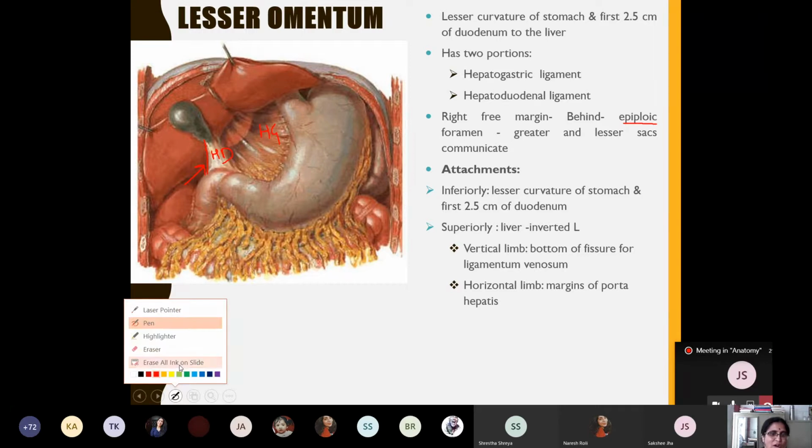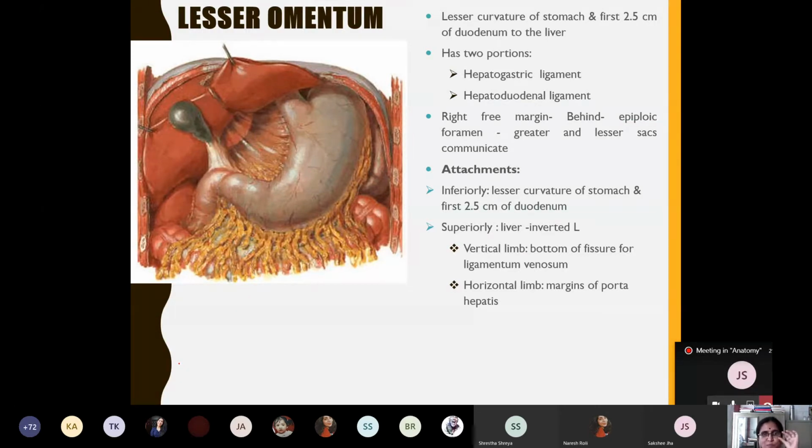And now the attachment. The attachment of the lesser omentum is very important, from the point of view of practicals, SAQ, and university exams. It is attached inferiorly to the lesser curvature of the stomach and the first 2.5 centimeters of the first part of the duodenum.